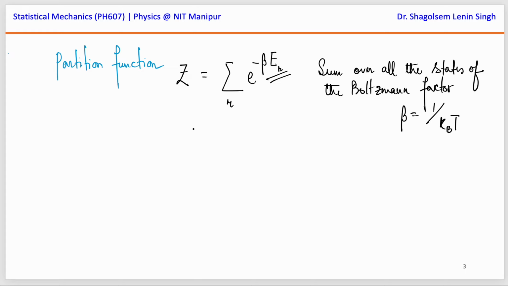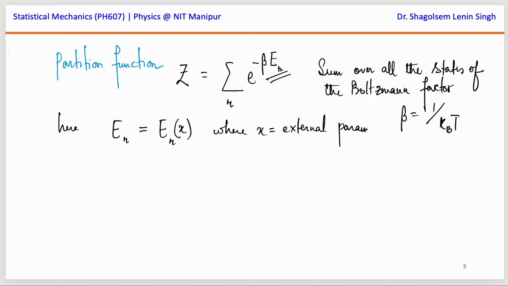Now let's look at it this way. Here we can see that this energy E_r refers to some particular state of energy, so we don't have to worry about what it is. In general, energy depends on some external parameter. Let's call that x, where x is our external parameter. And this brings us to the following functional form of the partition function.